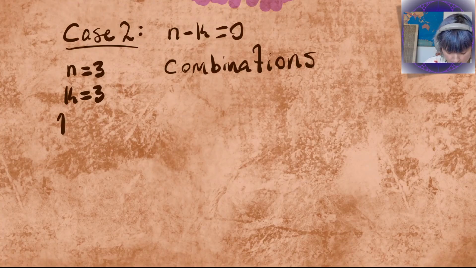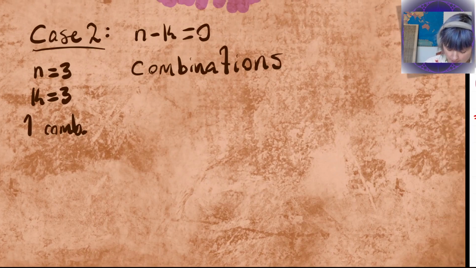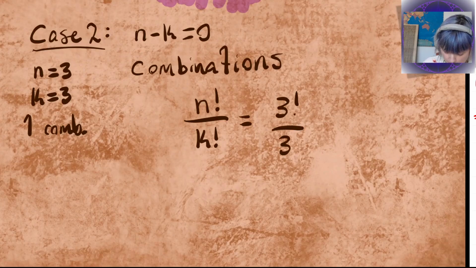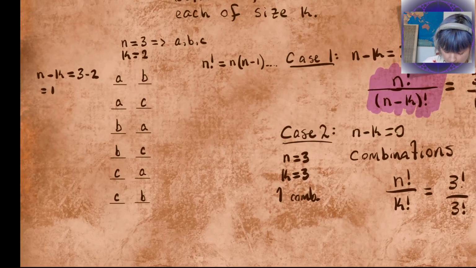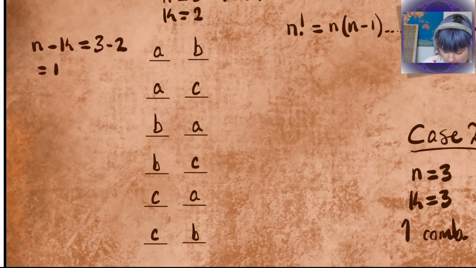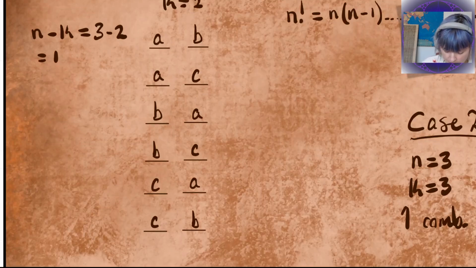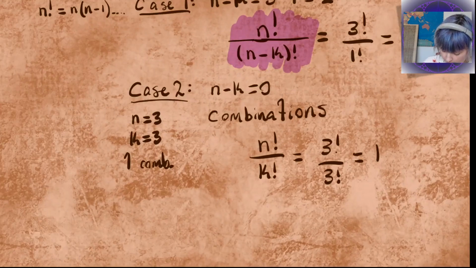We took a little bit of a stab at it, and we said, okay, so maybe then it's n factorial over k factorial, because in that case you have 3 factorial over 3 factorial, so then you get 1. So we could try and see what happens in this case. In this case, the number of combinations does not change. So let's take a look at a different case.